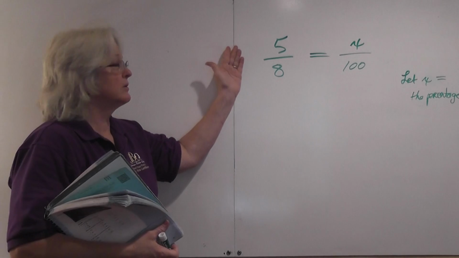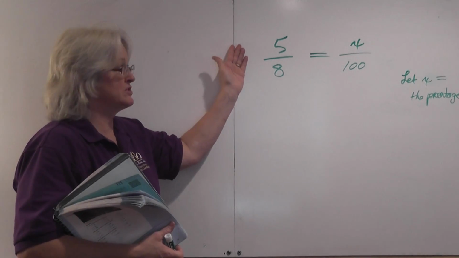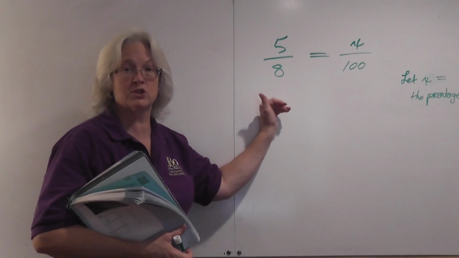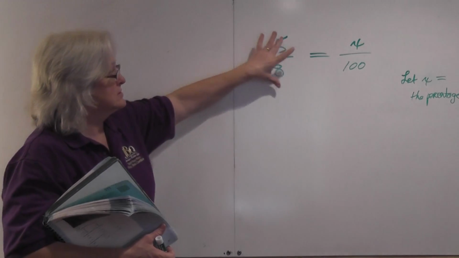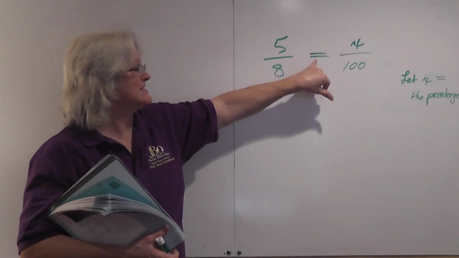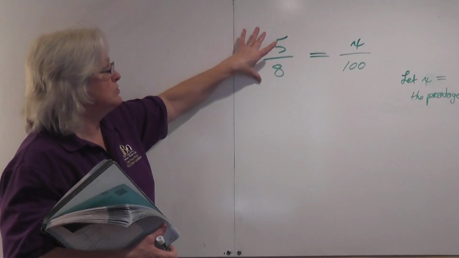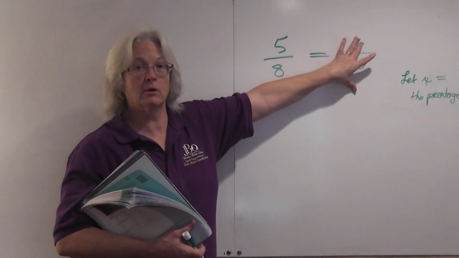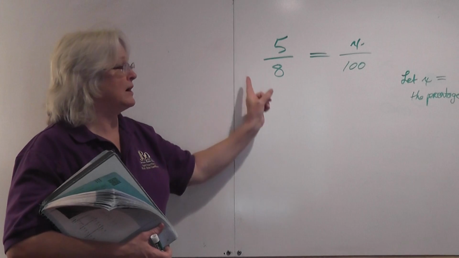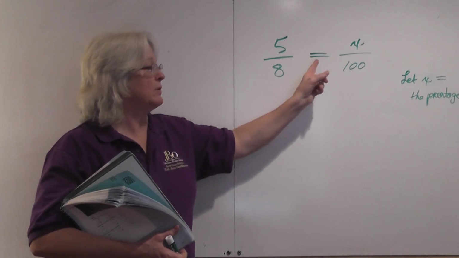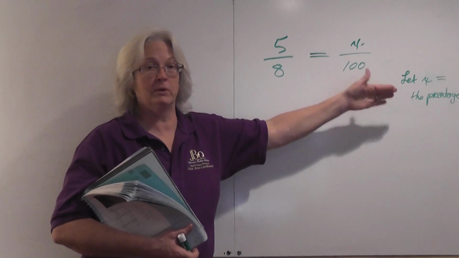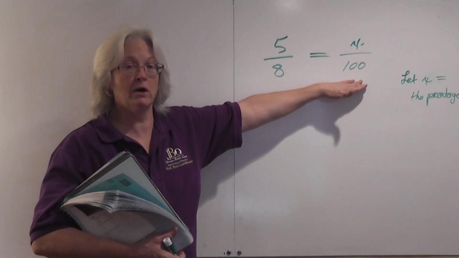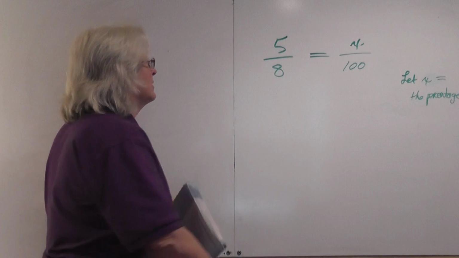The key thing to understand right here, to recognize, is that you have to set up a proportion. Remember that a proportion is a mathematical sentence saying that two separate ratios are equivalent. The ratio of 5 to 8 is equivalent to the ratio of some unknown number over 100, because when you have the denominator of 100, we're talking about percent.